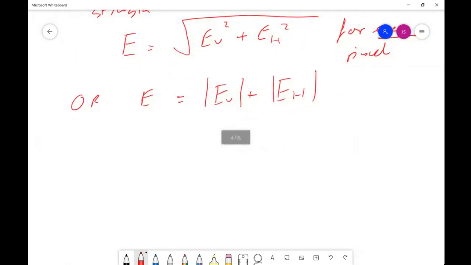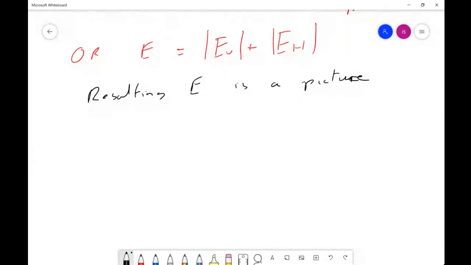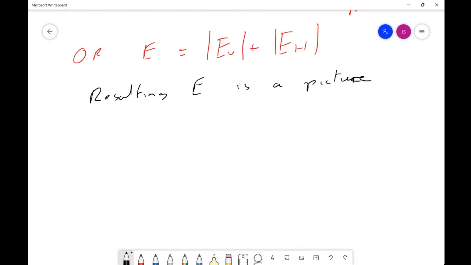Right, having done that, the resulting E is a picture, a series of intensities at each pixel location. And let's take an example. Supposing, having correlated the EV operator with the image and the EH, combine them to get the overall strength.